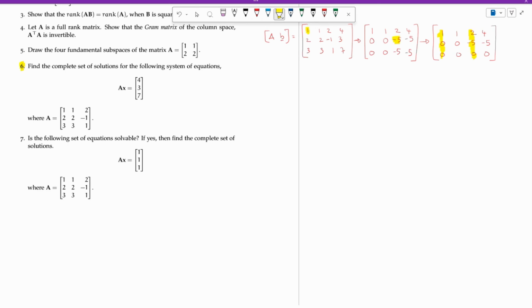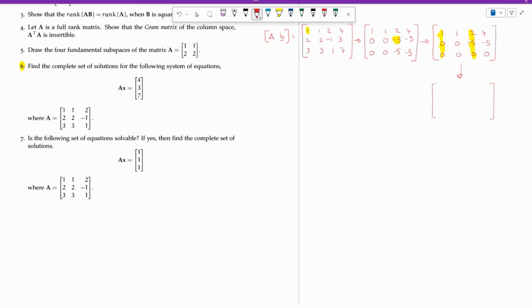Now, this is just the row echelon form. Let's do the reduced row echelon form. What do you do for that? Well, in the reduced row echelon form, what do we try and do? We make the basic columns unit vectors. That means we scale.